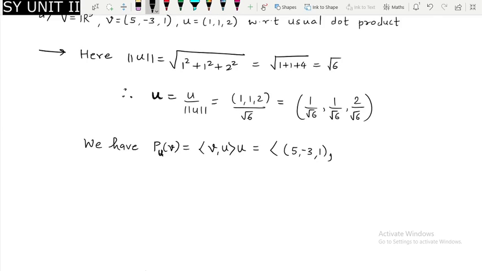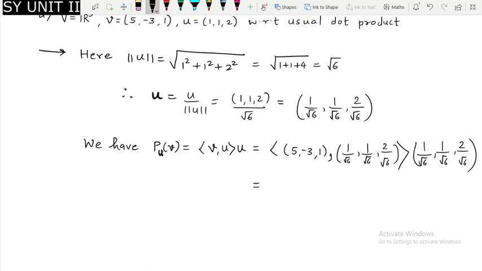So yeah, 1 upon root 6 comma 1 upon root 6 comma 2 upon root 6 over here, and outside again u, so that is 1 upon root 6, 1 upon root 6, and over here 2 upon root 6.